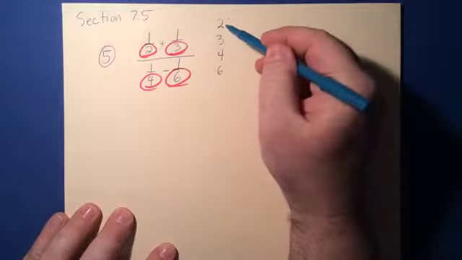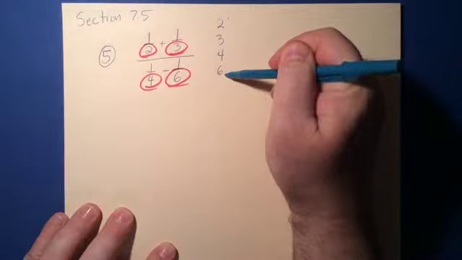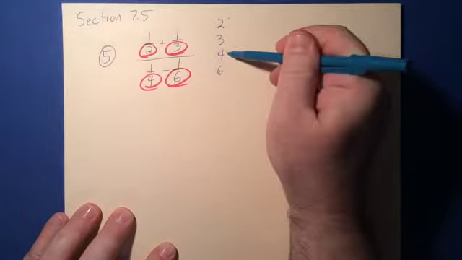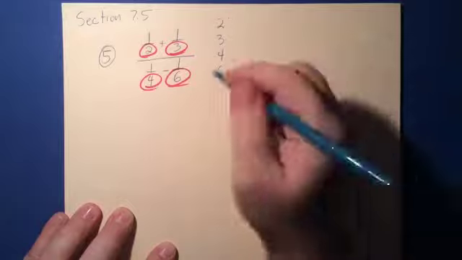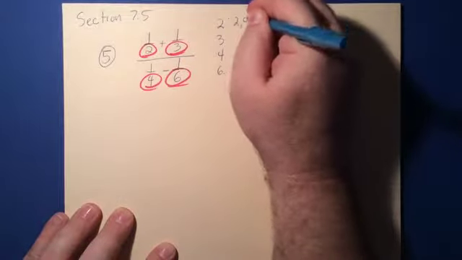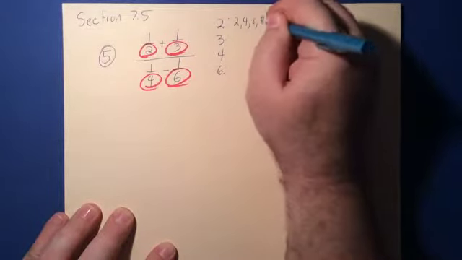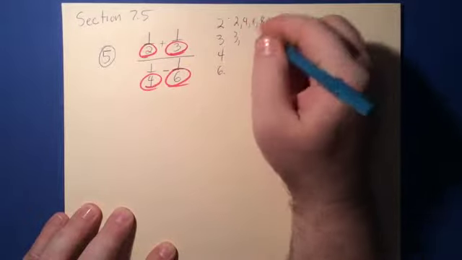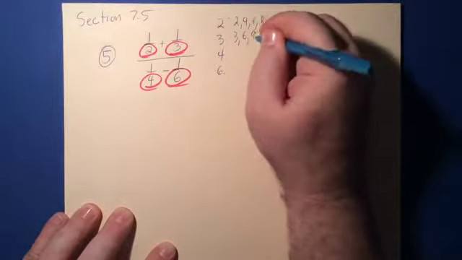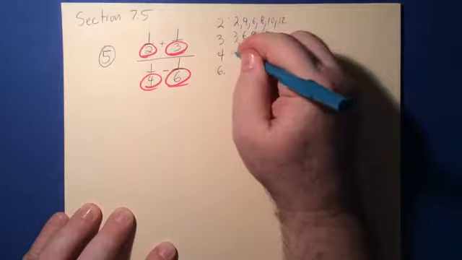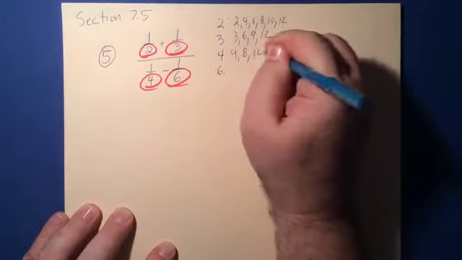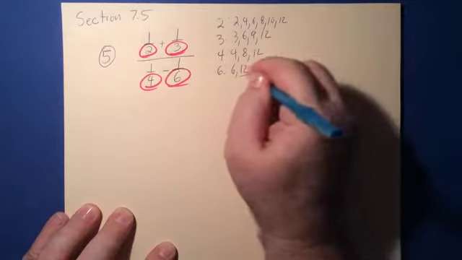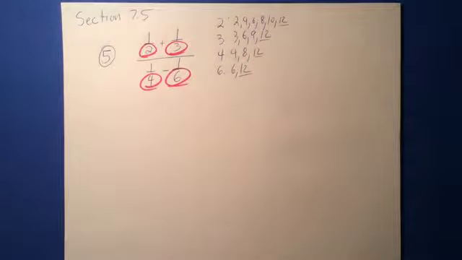Well, 6 is a multiple of 2, 6 is a multiple of 3, but 6 is not a multiple of 4. So if I can write out 2, 4, 6, 8, 10, 12, let's write out for 3. 3, 6, 9, 12, 4, 8, 12, 6, and 12, we see that they all have the least common multiple of 12.